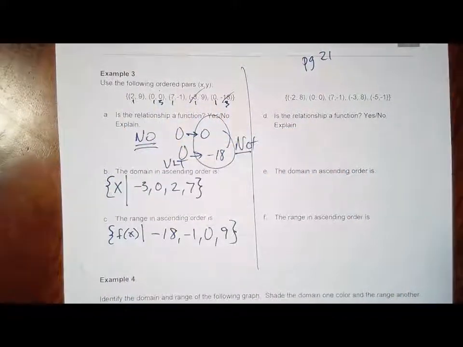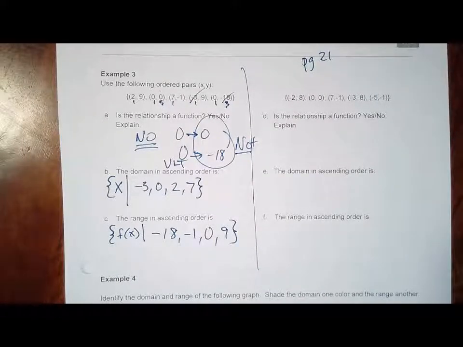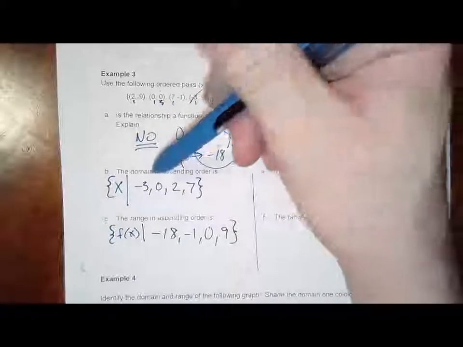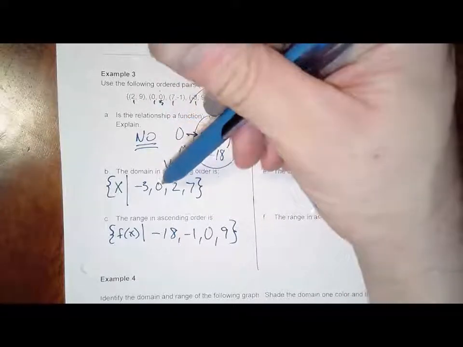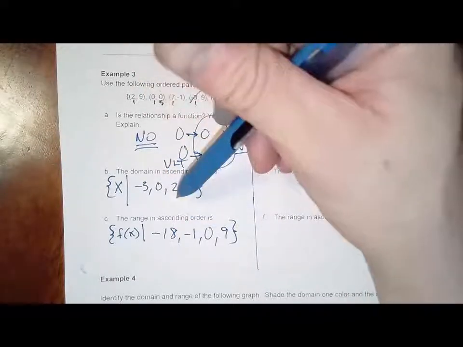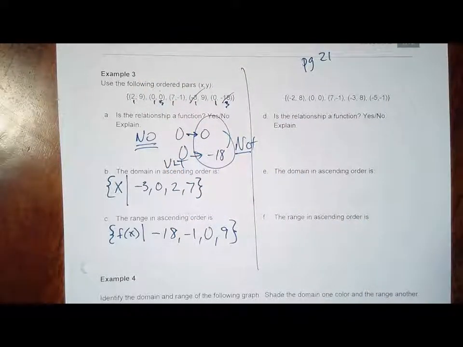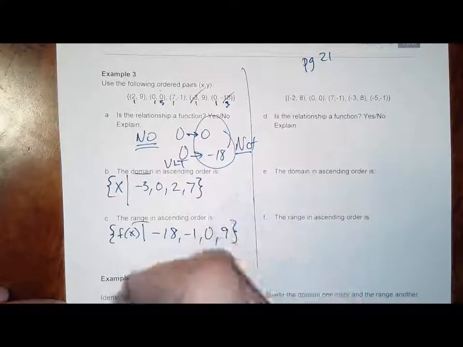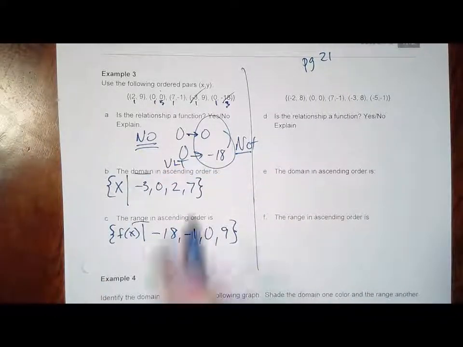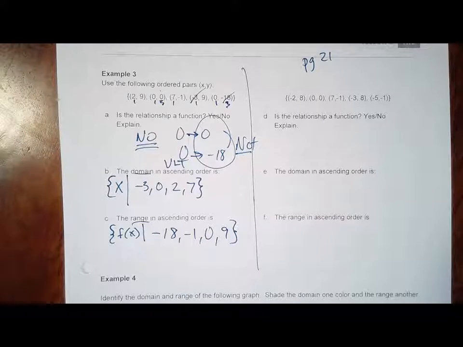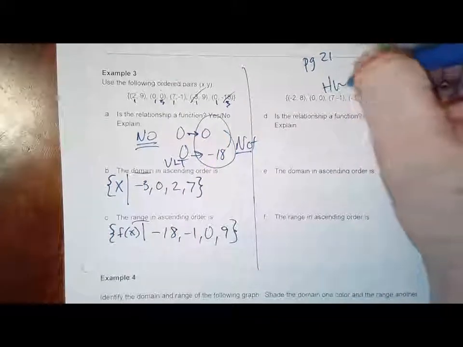Yep. So we have our range in ascending order. And I want you to disassociate this number goes with this number. It's not that. It's actually about the collection of all of them. There are 4 numbers that make up the domain. And coincidentally, there are 4 numbers that make up the range. There doesn't have to be. Homework.